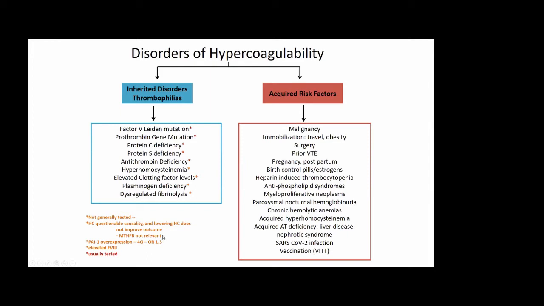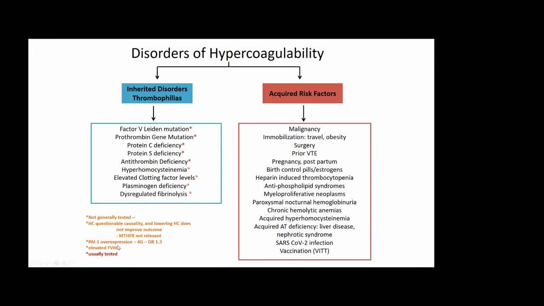MTHFR, which is the gene in which mutations can result in an increase in homocysteine, is in and of itself not relevant at all. In cases where homocysteine is increased, it's moot whether or not MTHFR is mutated. And in cases where MTHFR is mutated, but homocysteine is normal, that's not associated with any kind of hypercoagulable state.